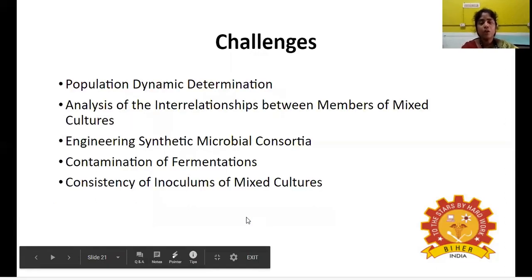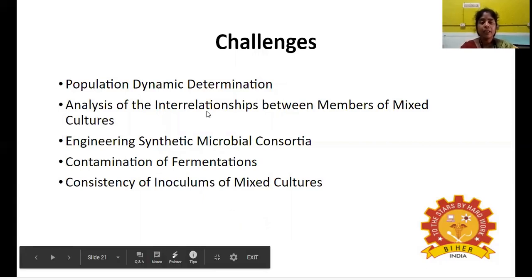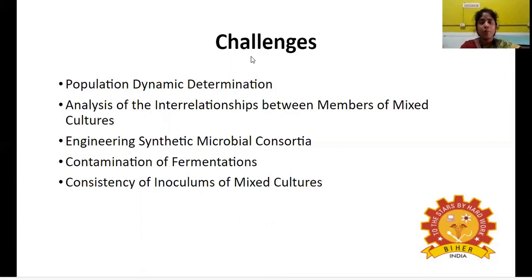When we talk about the challenges, even though we can use a single microorganism as a source for product conversion by utilizing the substrate, here we are using a mixed one. So it is not an easy technique to determine the population size of the cells.